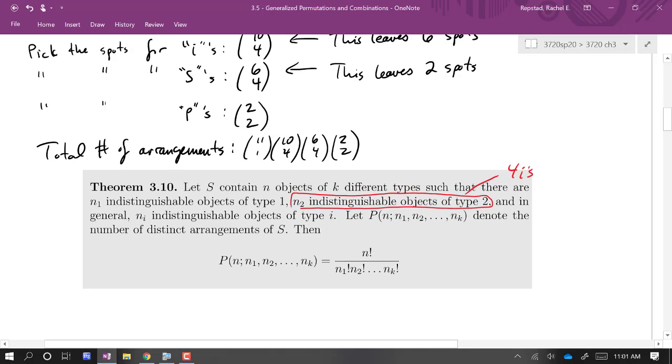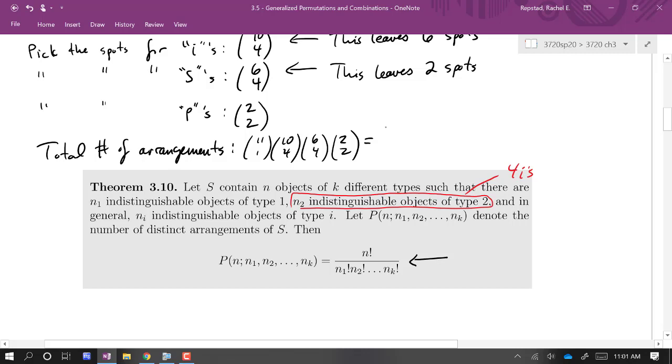Now that'll always give you the same result that we just got, and in fact we can see this work out up here. I'm going to use the combination formulas for each of these, and we'll see that we get the same expression we would get if we use the formula in 3.10.